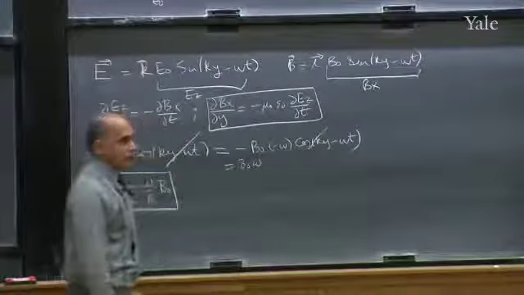Then I get a condition B0 k is equal to mu0 epsilon0 omega times E0. But that is equal to omega over c squared times E0, because mu0 epsilon0 is 1 over c squared. So I get a second condition, which I can read as E0 is equal to c squared over omega times B0.